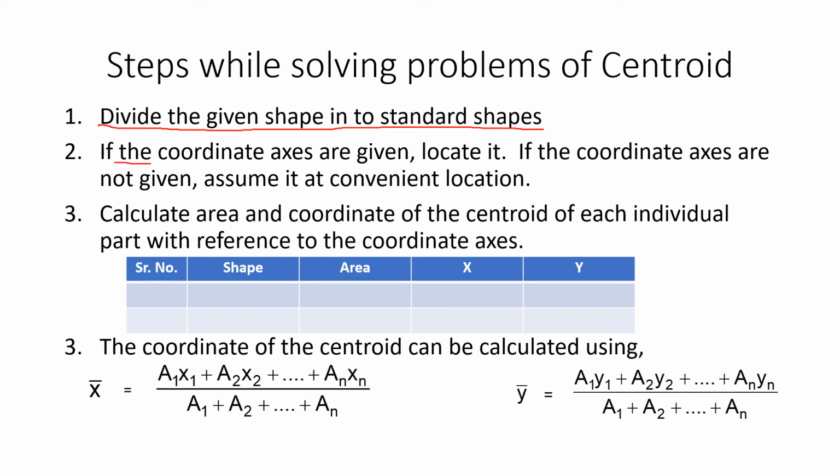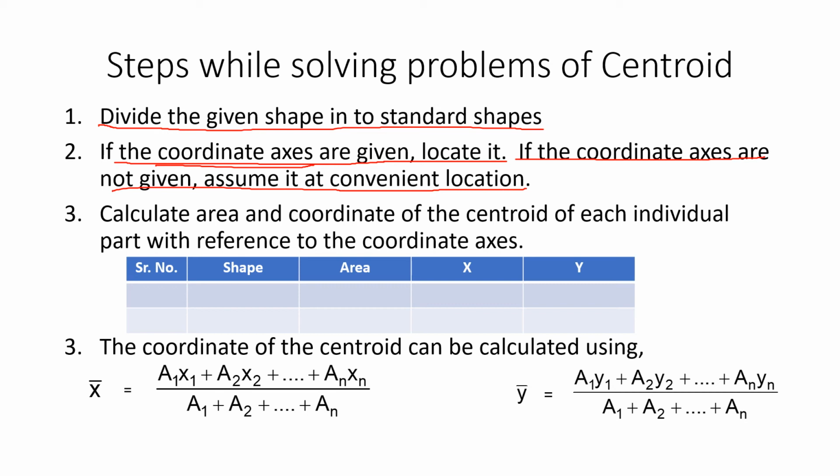In the second step, in some cases they'll directly give you the coordinate axes. If coordinate axes are given, then it's okay, it's already located. But if the coordinate axes are not given, then assume them at a convenient location.